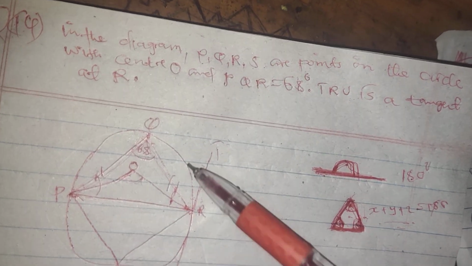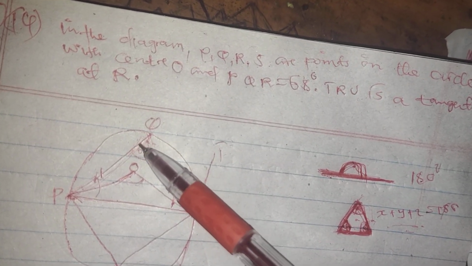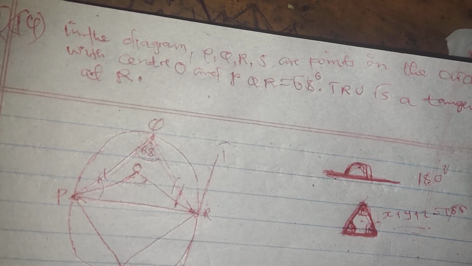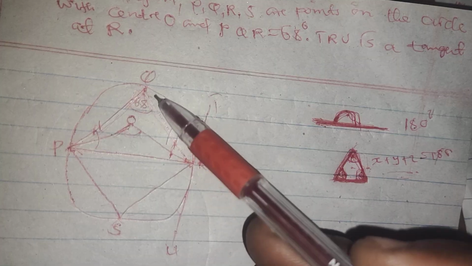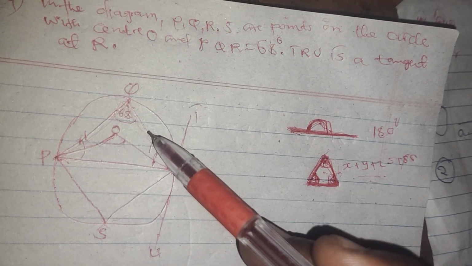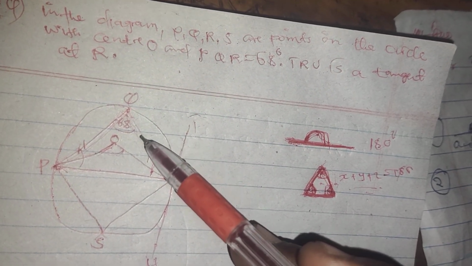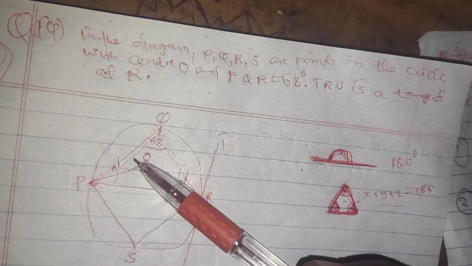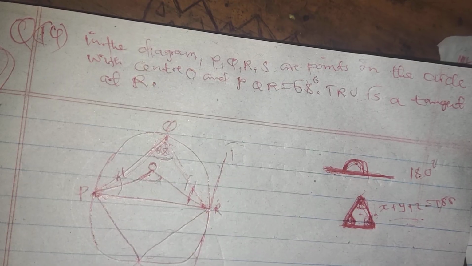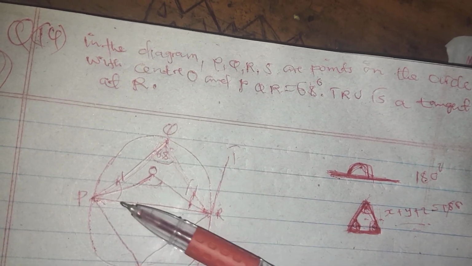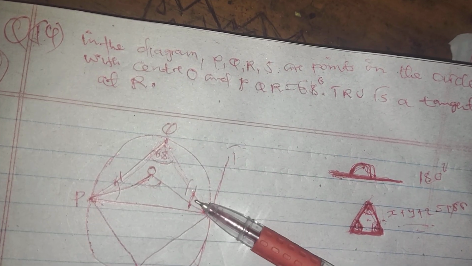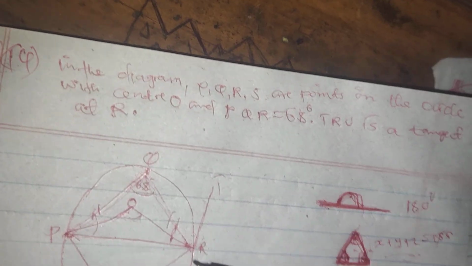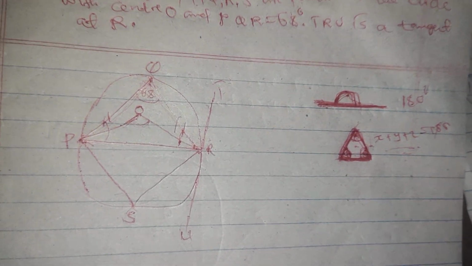Okay, thereafter we go to the third property. This angle formed here is a quadrilateral angle. Always, a quadrilateral's angles add up to 360 degrees. So when you add this angle, this angle, this angle and this angle, it will add up to 360 degrees.